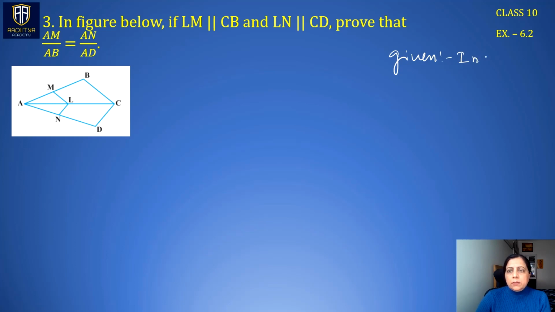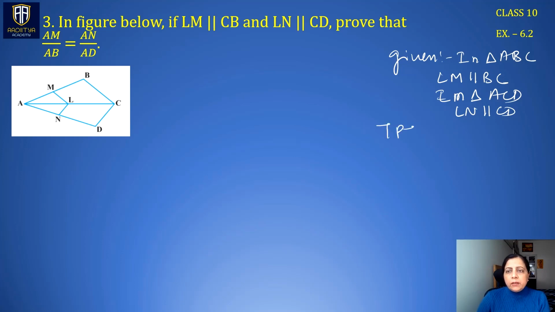In triangle ABC, LM is parallel to BC and in triangle ACD, LN is parallel to CD, right? Here we have to prove that AM upon AB is equal to AN upon AD.